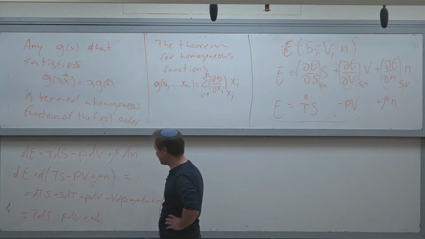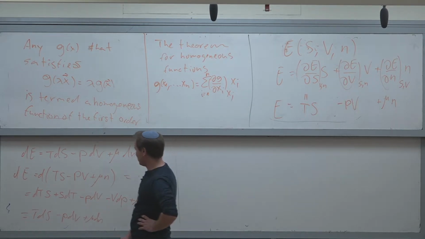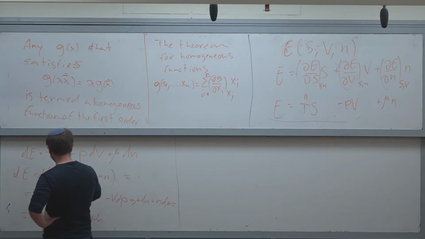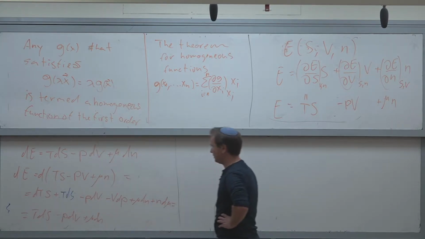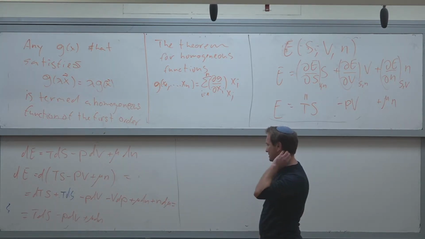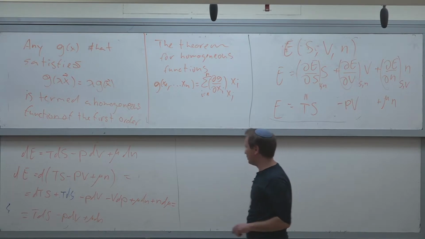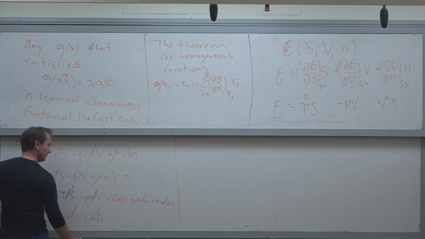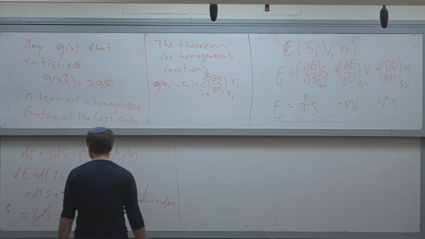So what is disappearing? T dS cancels T dS, minus P dV plus mu dN cancels minus P dV plus mu dN.